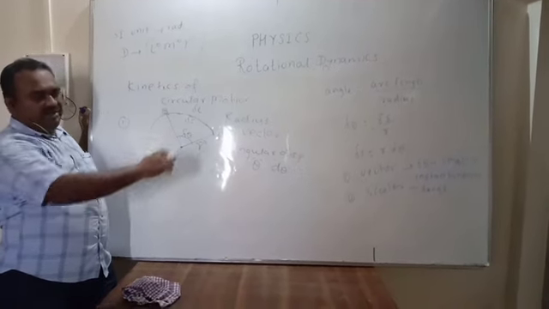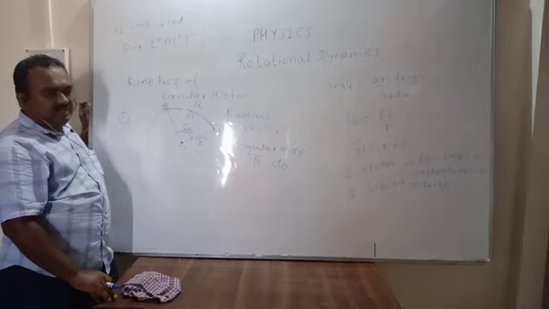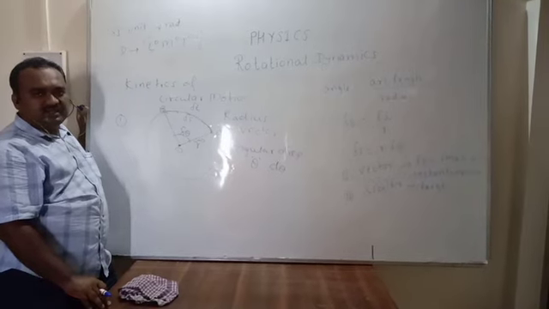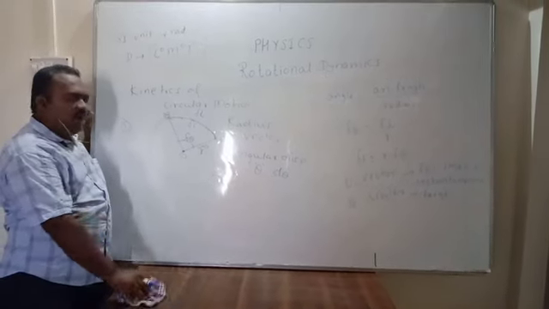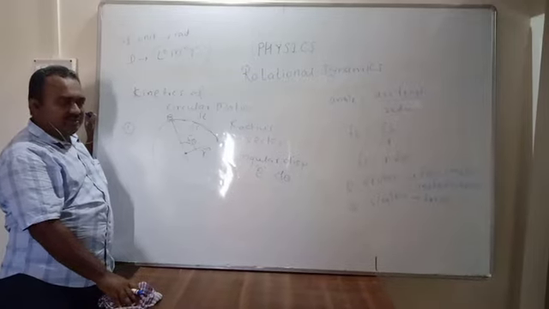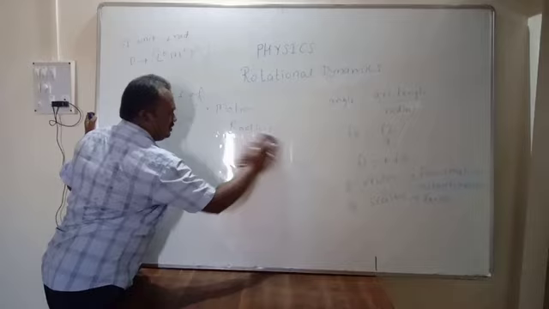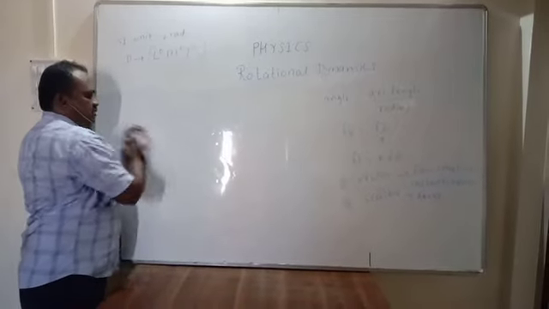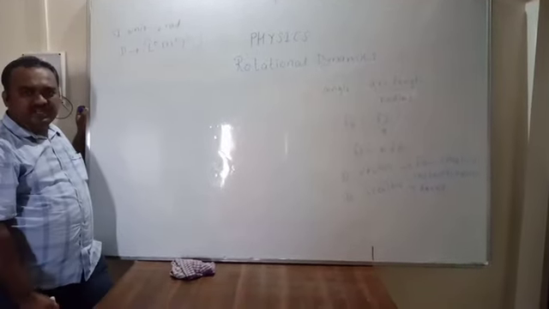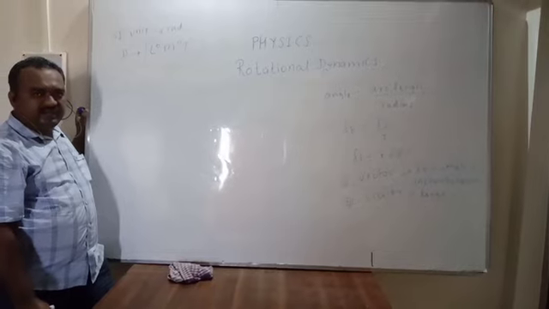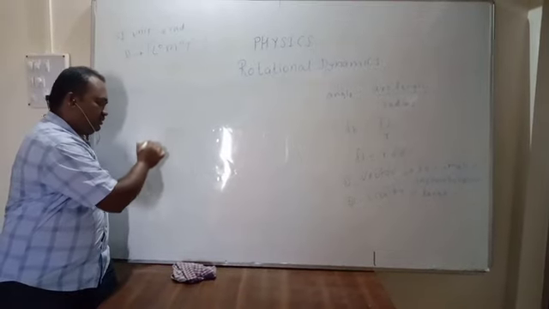When we consider it as a vector, it has magnitude as well as direction. So now we'll see how to get the direction of angular displacement. The direction of angular displacement is given by the right hand thumb rule.